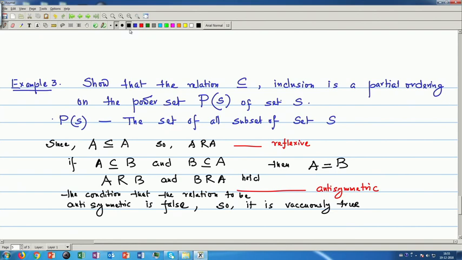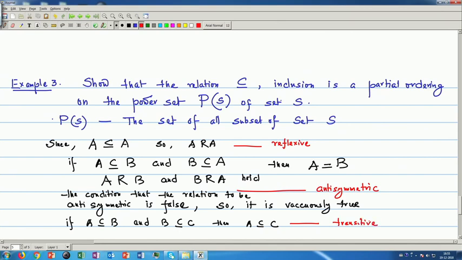Now, if A is a subset of B and B is a subset of C, then from the definition of subset, we know that A is a subset of C, which directly gives that it is transitive.